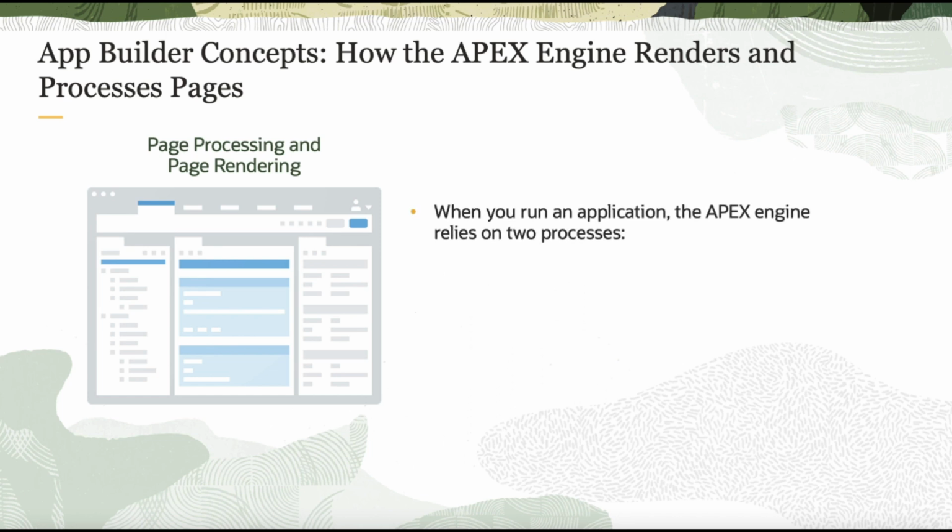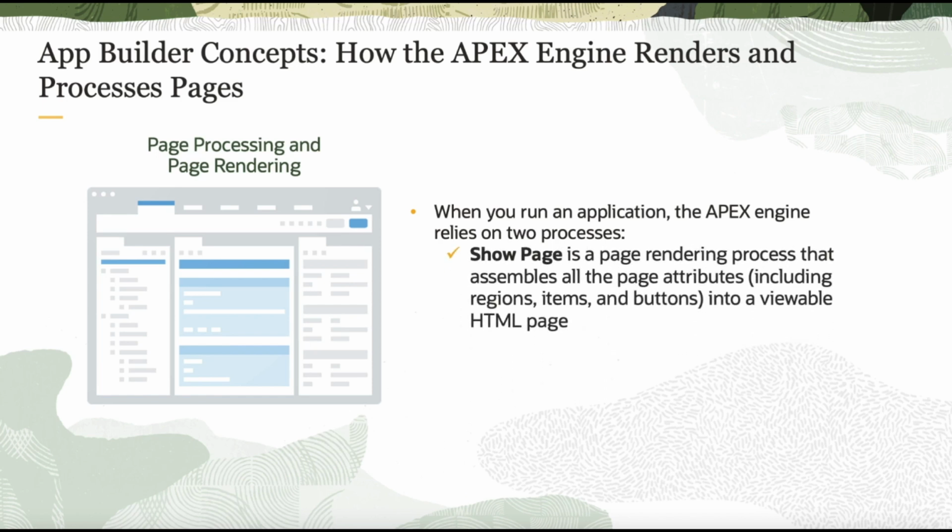When you run an Apex application, the Apex engine relies on two processes. Show page, which is a page rendering process that assembles all the page attributes including regions, items, and buttons into a viewable HTML page.